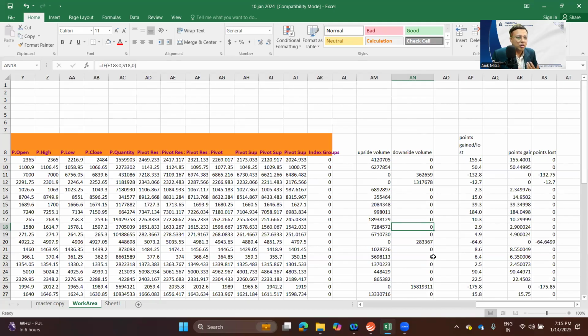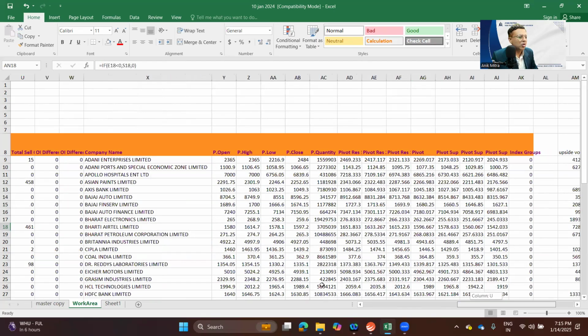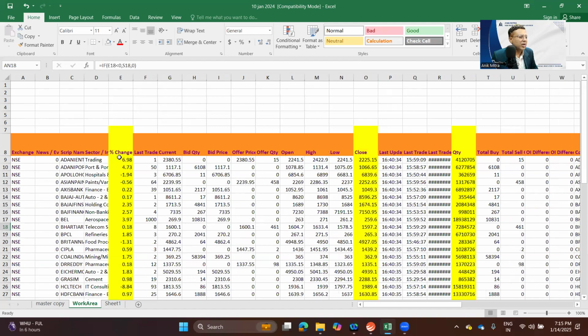If I could not convey it properly, let me clarify further. Let's say the first stock, Adani Enterprise, closed 7% up today. 7% up means it's on the positive side, right?